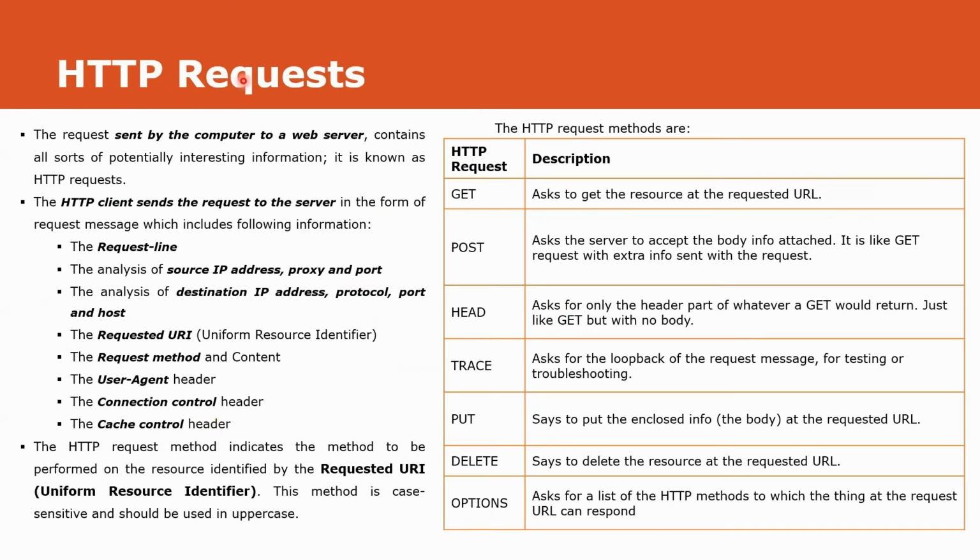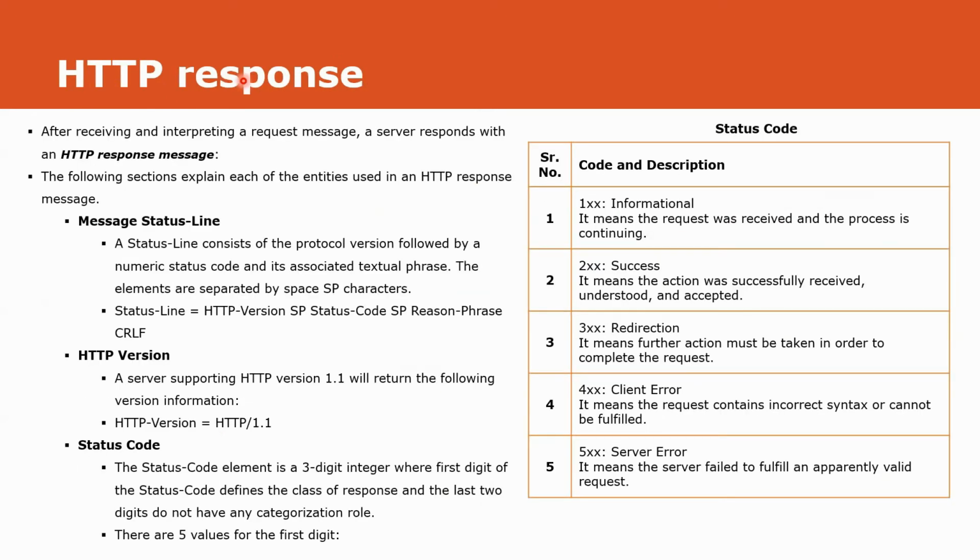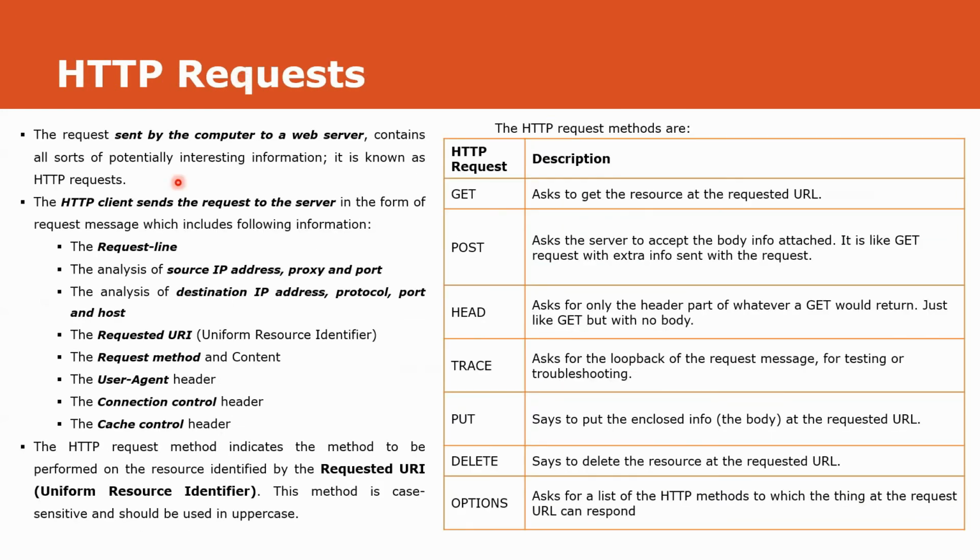Now there are some features of the HTTP request and HTTP response. See here, the request sent by a computer to the web server contains all sorts of potentially interesting information. The HTTP client sends the request to the server.